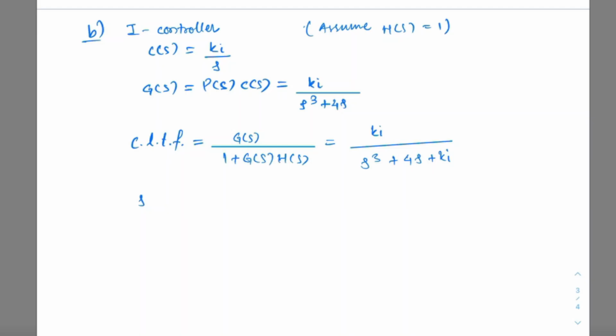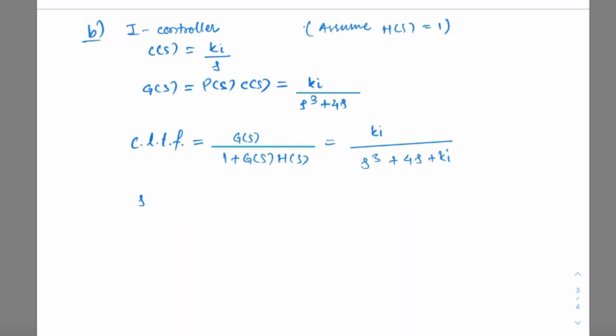Since we are having this as a 0, the denominator polynomial is not Hurwitz.